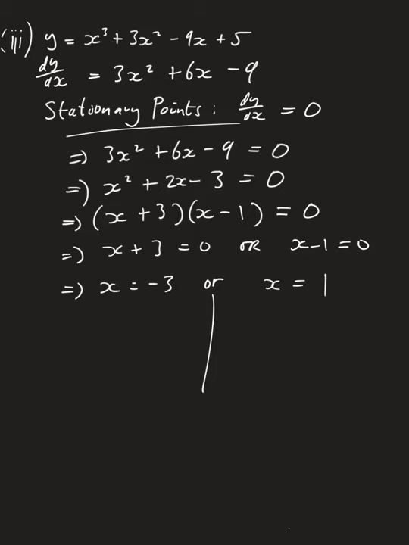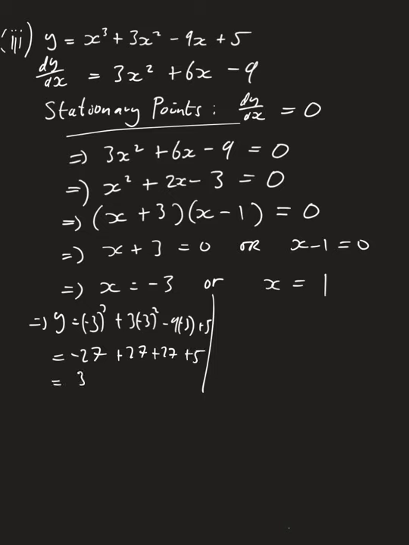Let's get my y values there. So x is equal to minus 3 implies that y is equal to minus 3 cubed plus 3 times minus 3 squared minus 9 times minus 3 plus 5, which is equal to minus 27 plus 27 plus 27 plus 5, is equal to 32.